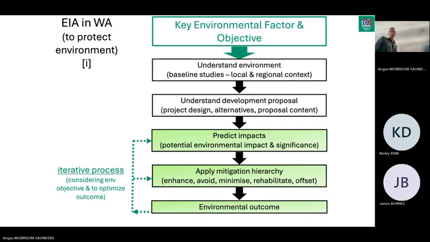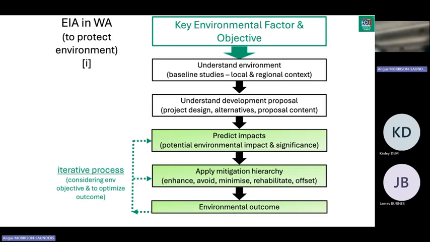And this diagram here, my little diagram of EIA in Western Australia, shows you how this process is an iterative one. So we start in Western Australia by saying our definition of environment is the key environmental factors. We have 14 environmental factors in Western Australia. For each factor, there's an objective. When we do the screening process, we ask: what are the relevant environmental factors for this development proposal?